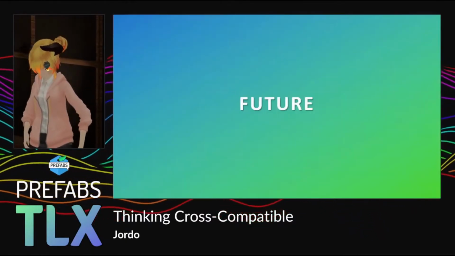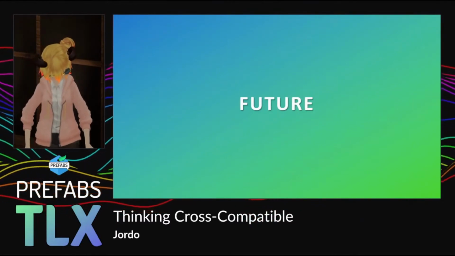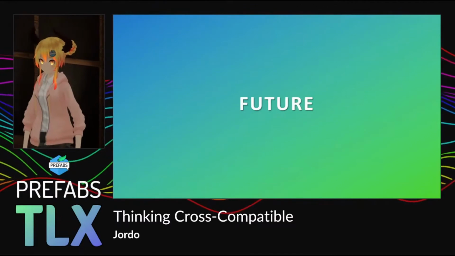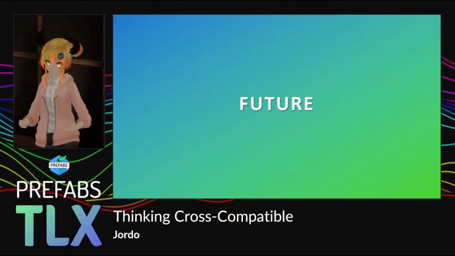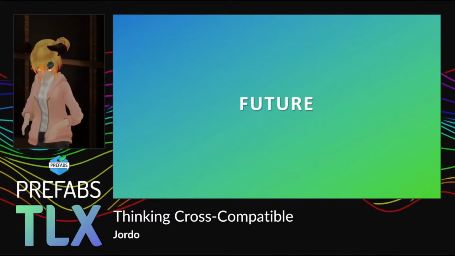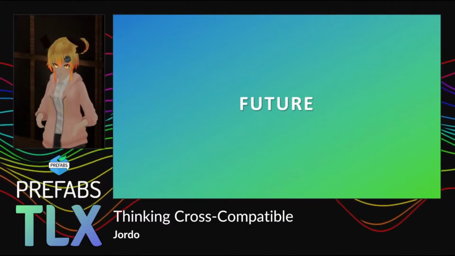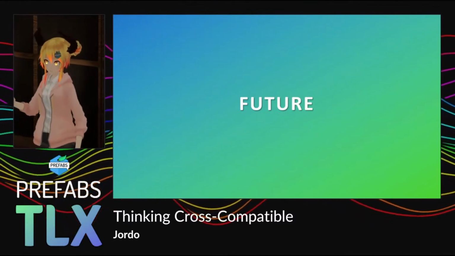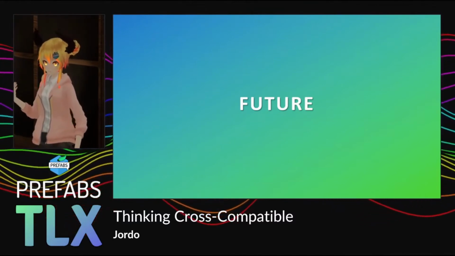And let me quickly talk about the future. When VRChat is ported to Unity 2019, we're going to have access to the Asset Import Pipeline v2, which is basically a cache server but on steroids.